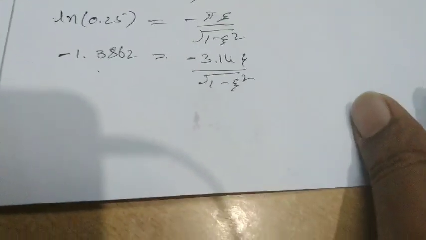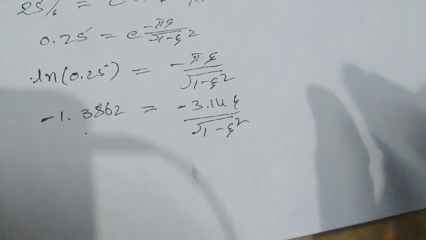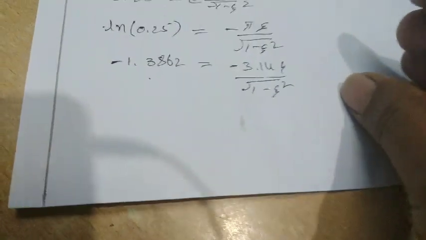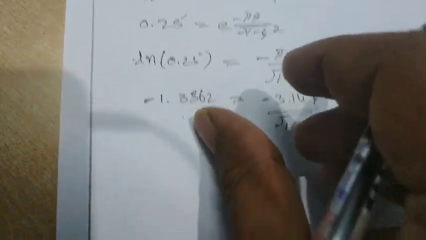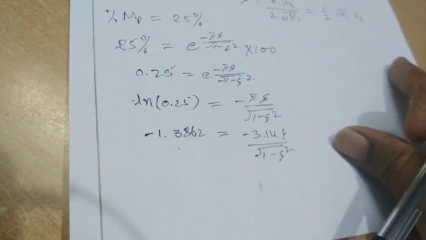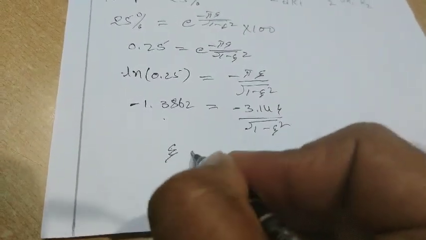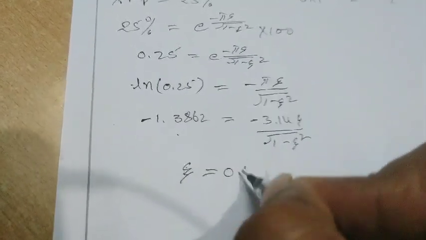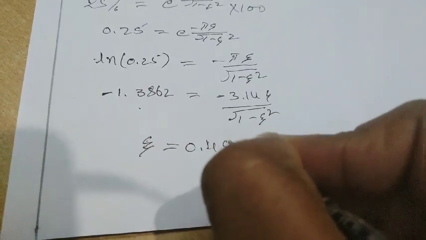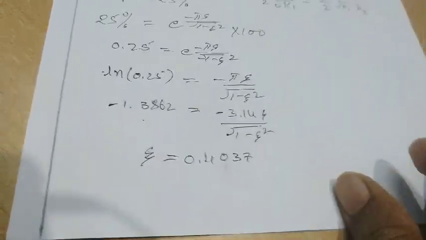So further simplifying this value, I'll get zeta value as 0.4037. Right?